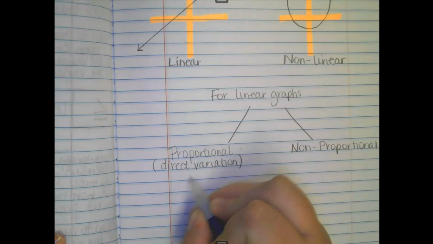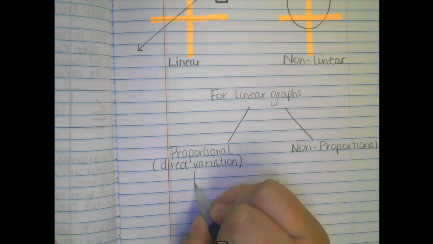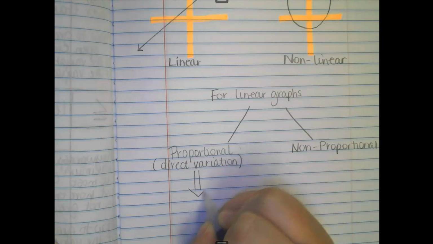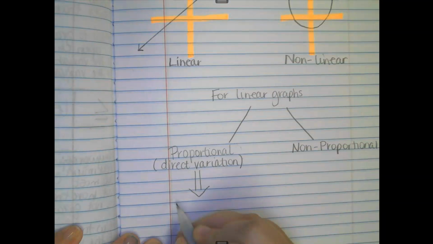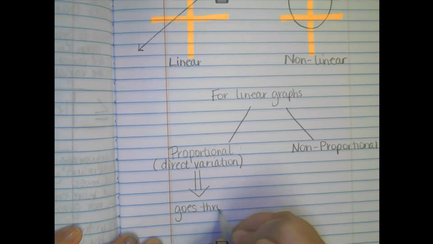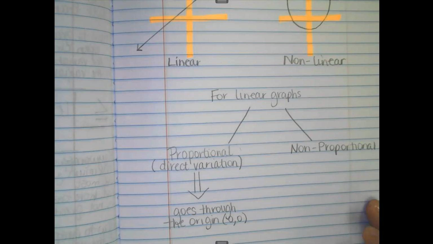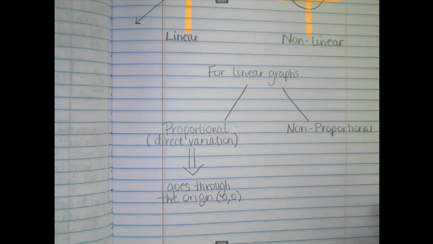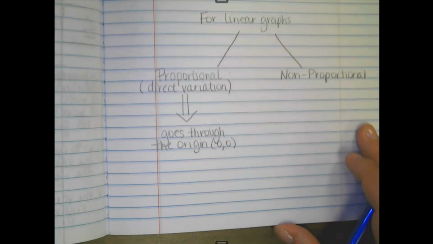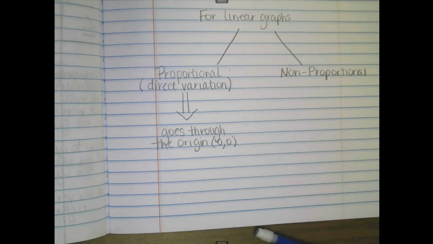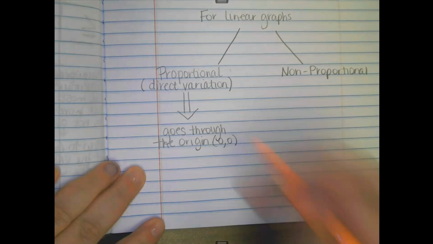So, some things about proportional is that it goes through the origin. Goes through the origin. Now that is a great vocabulary word. And origin is the point 0, 0. And you should have some space under that. And this is the last thing we're going to be putting. And you're going to draw another graph.